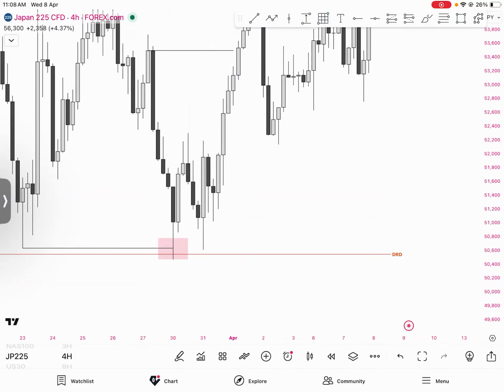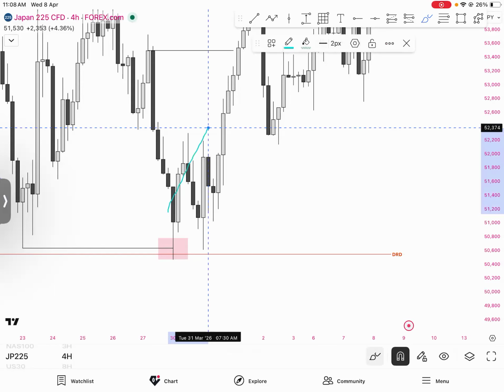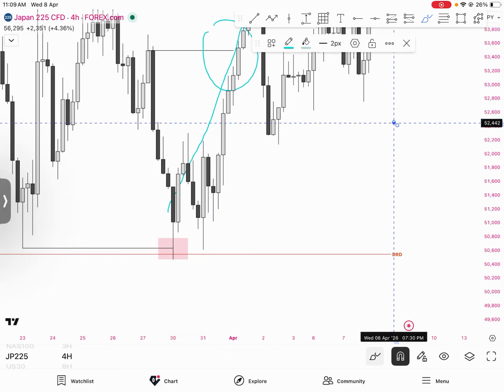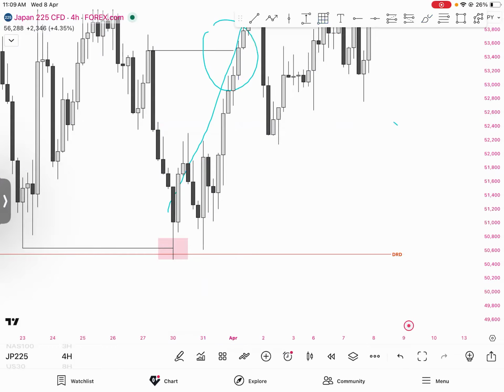In this situation, we can't wait for the H4 breakup structure to be taken before entering, because that is so far from the level. And if you wait for it, we will miss the big move here, right? So what we can do is enter a direct entry, or we can wait for an internal breakup structure.